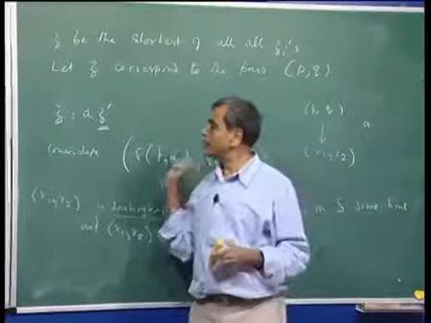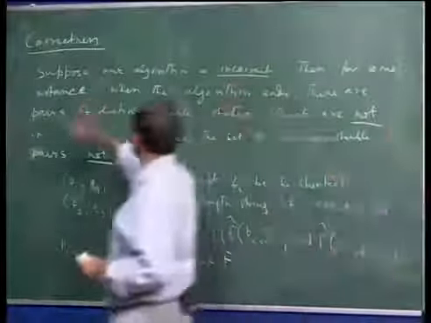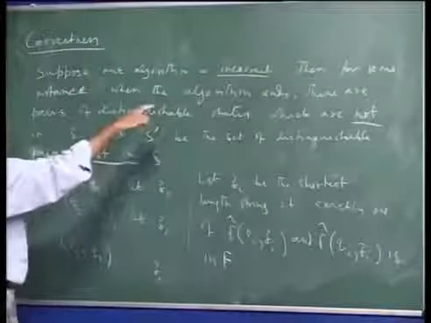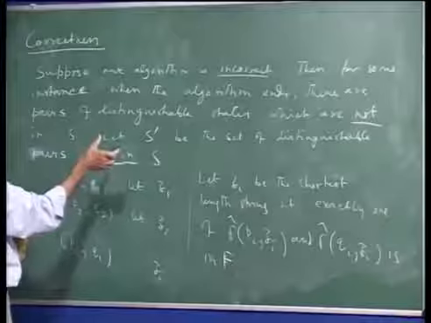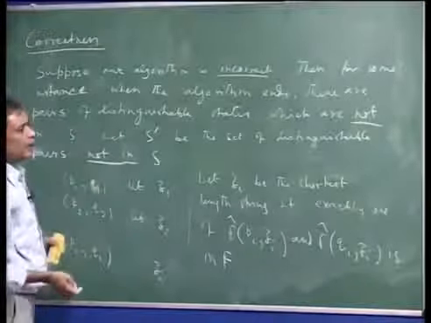Therefore we have a contradiction: it is not true that there is some pair of distinguishable states which our algorithm failed to discover.